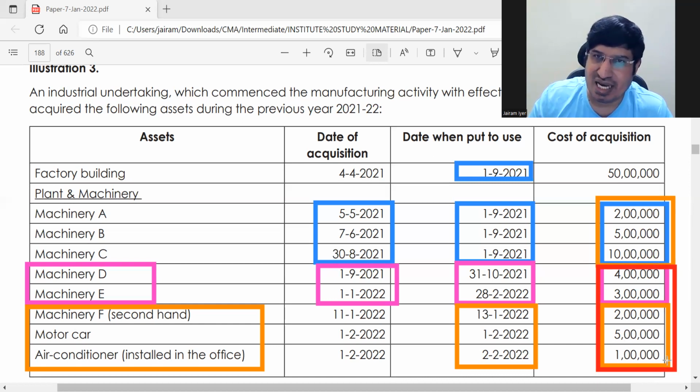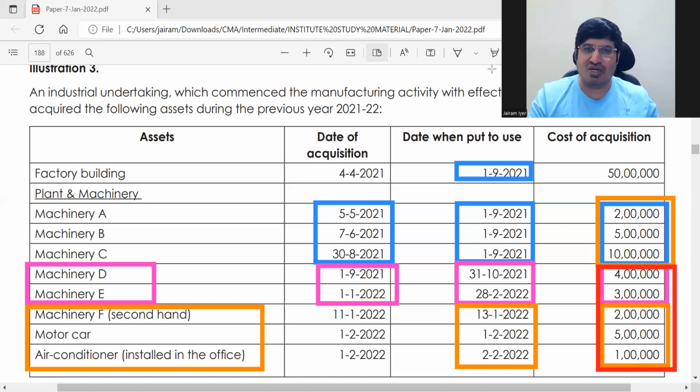For these 15 lakhs, you will get 50% depreciation. Correct? For 17 lakhs, you will get full depreciation. 15 lakhs, 50% depreciation. Understood? This much you have understood? This is only the general depreciation computation I am telling you.